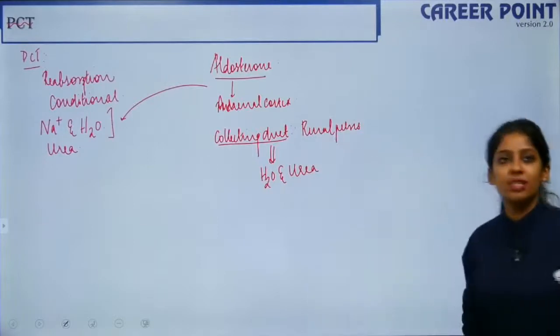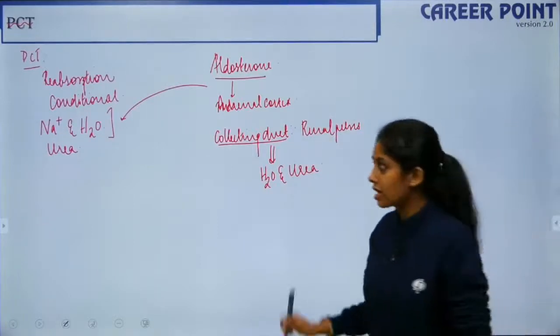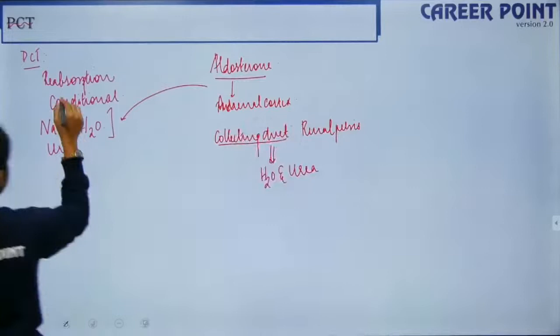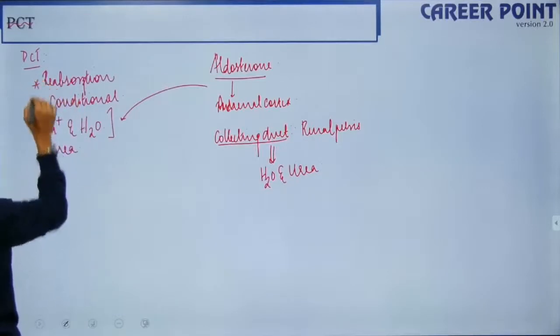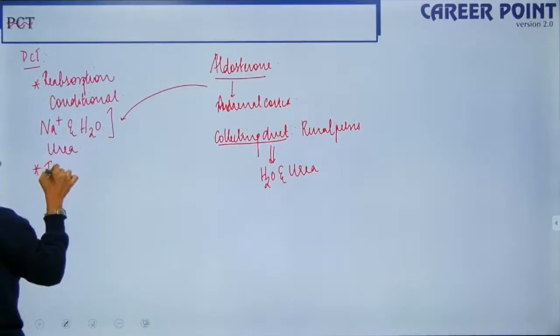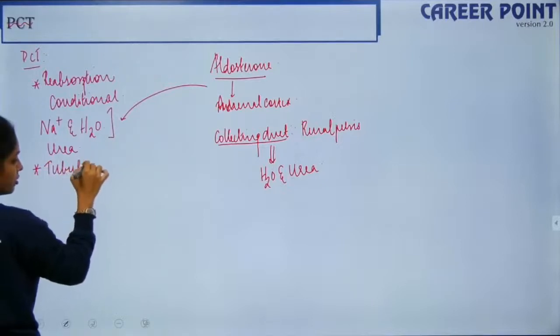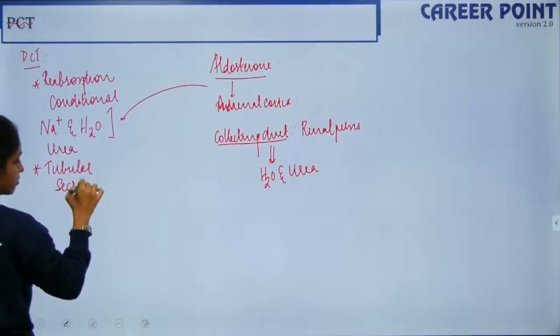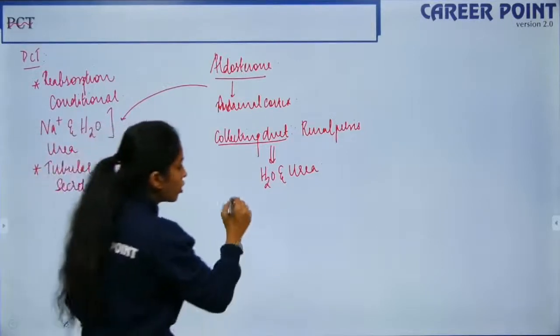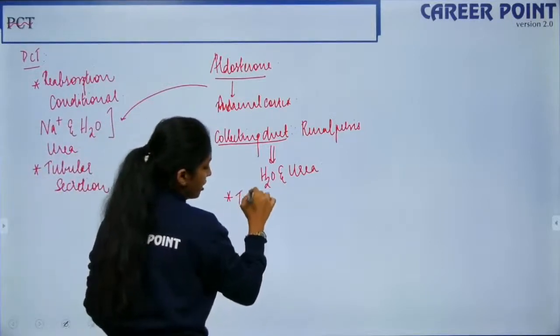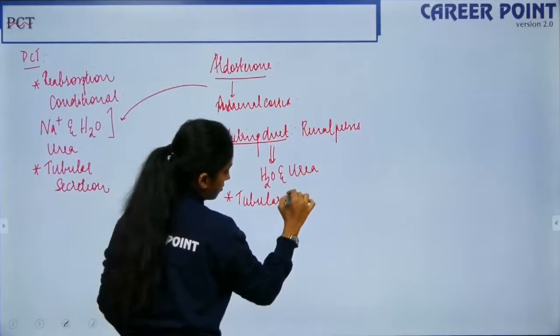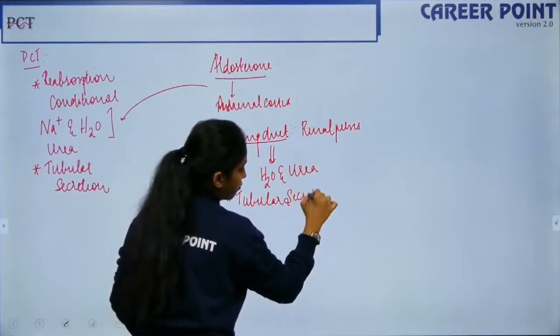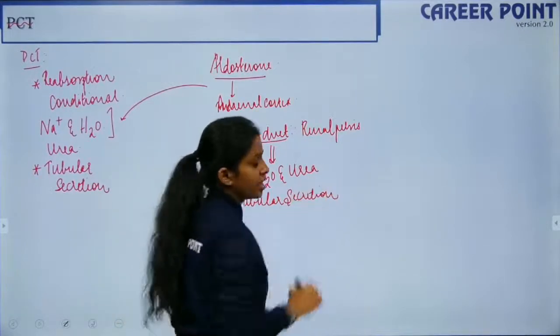So this is the function of your collecting duct. Apart from this, your DCT helps in conditional reabsorption. It also helps in tubular secretion. So collecting duct also helps in tubular secretion. So this is the function of each of these tubules.